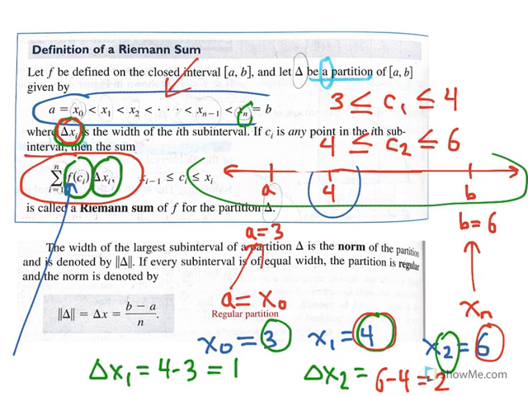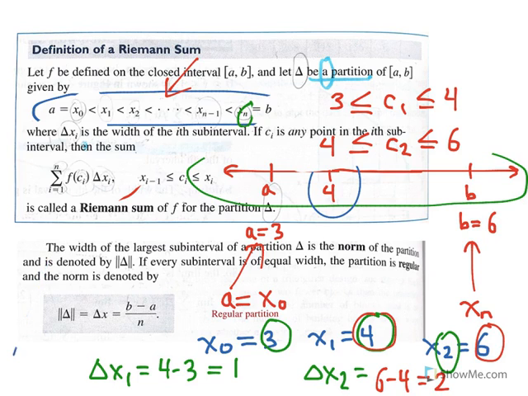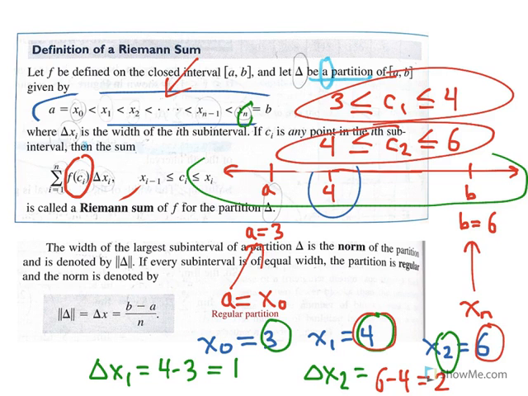Then this sum, which is the sum of a product, you have the function f evaluated at c sub i, which is, as we discussed, an x value from the ith subinterval, and it could be any x value from the ith subinterval. Then you're multiplying that by the width of the ith subinterval, and you take the sum of these products from i equals 1 to i equals n.